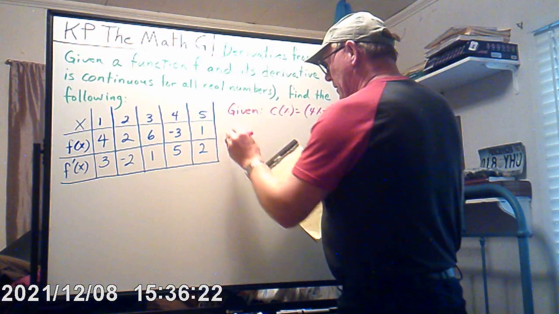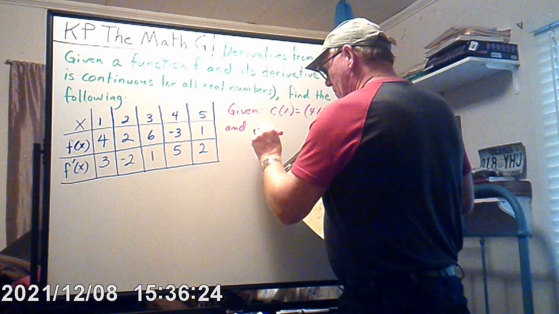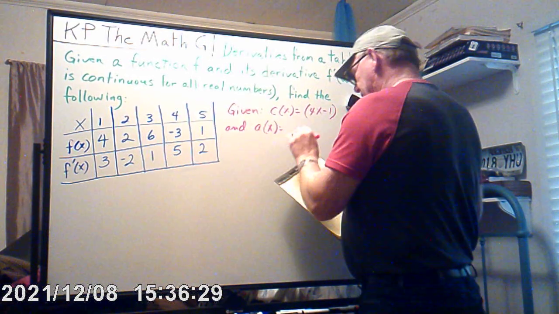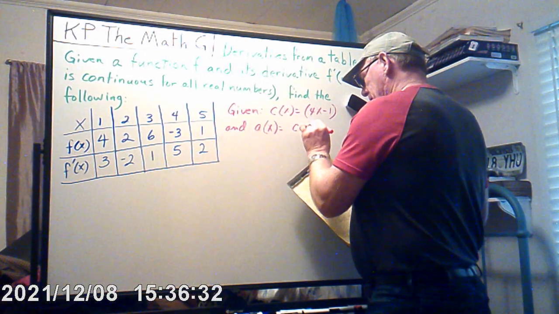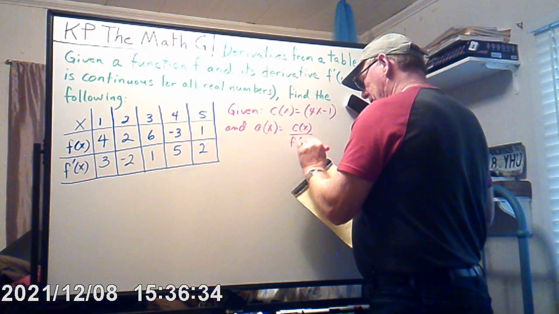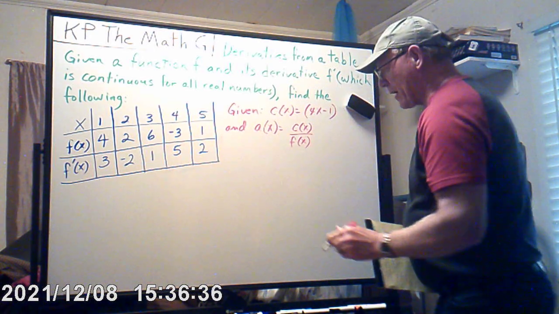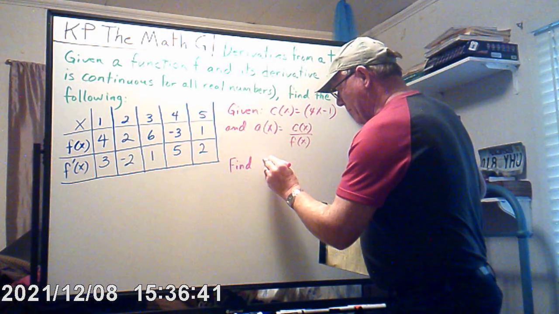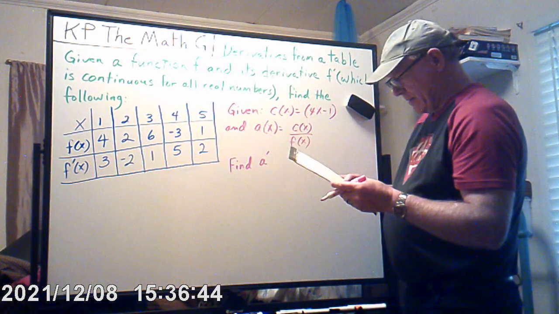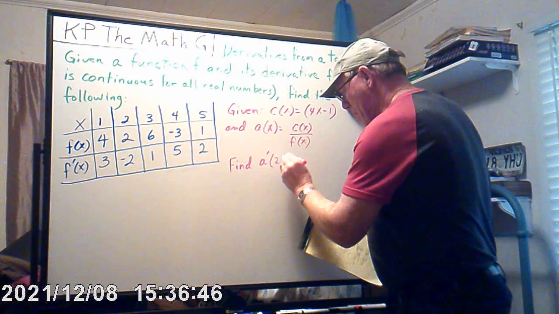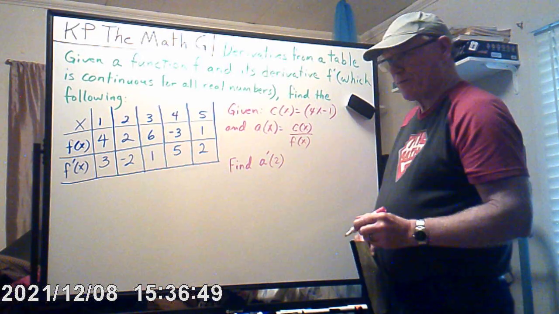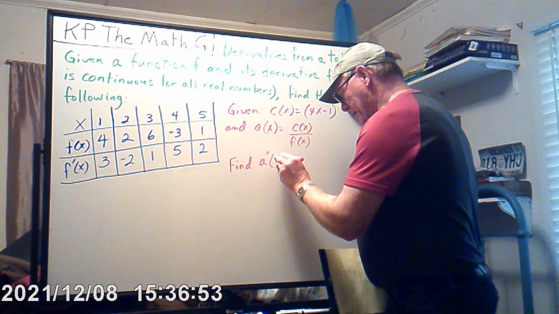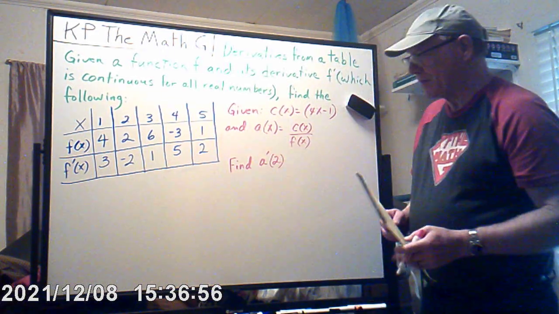Simple enough. And I want a at x to be equal to c at x over f at x. And I want to find a prime at 2. That's what I want to find. Make that a little better. Okay, a prime at 2.